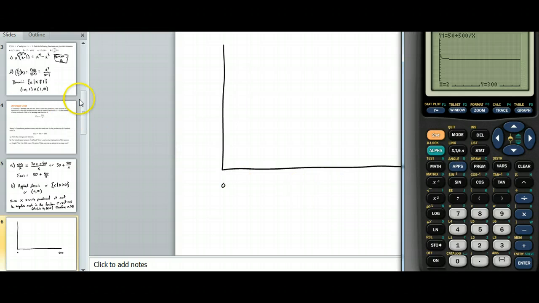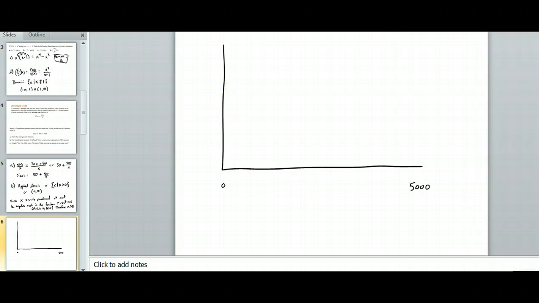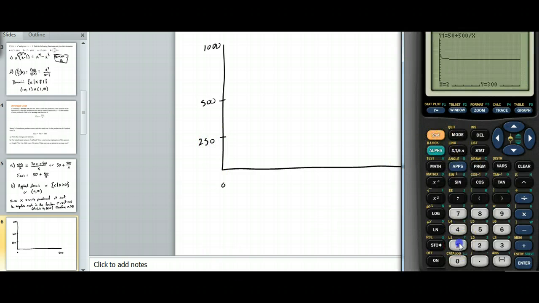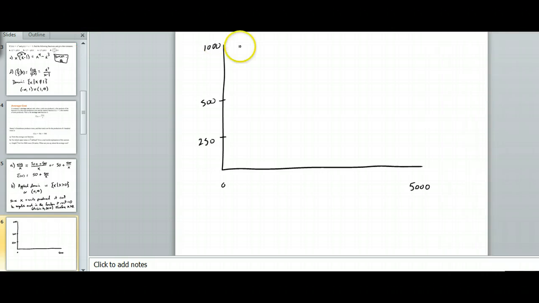So if I made this go up to, say, 1,000, there would be 500, there would be 250. So 1 gave me 550. Now this goes all the way to 5,000. So 1 gave me 550 would be like right there.